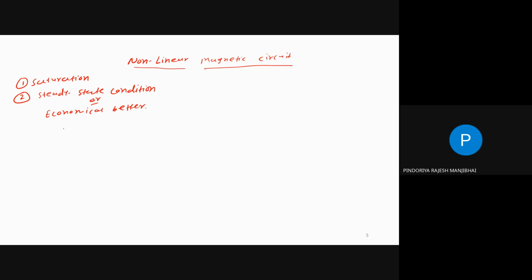Because our machine is a non-linear device, we have to consider that maybe your machine is in saturation, otherwise the steady state condition, otherwise the economical better operation, correct?